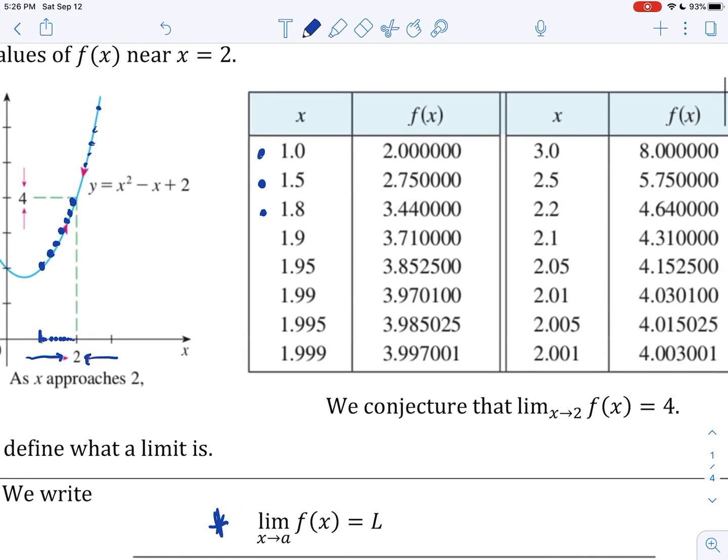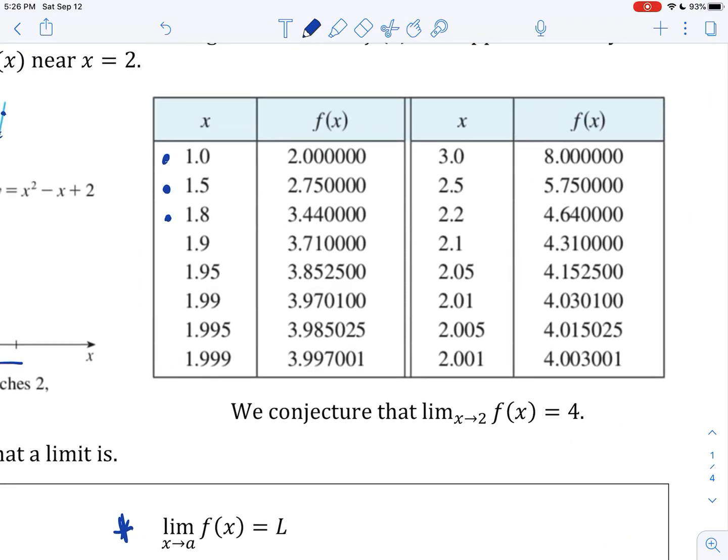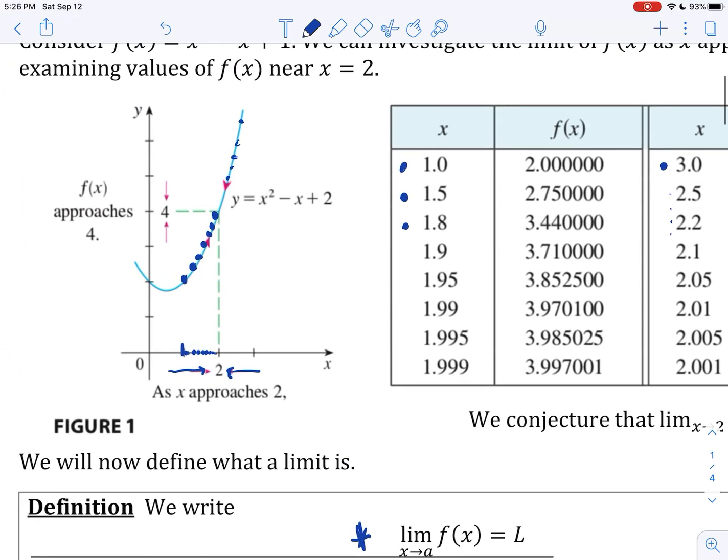And on the right-hand side, if we start with 3 and gradually approach 2 from the right-hand side, we look at our output values on our graph, and they are also approaching 4.